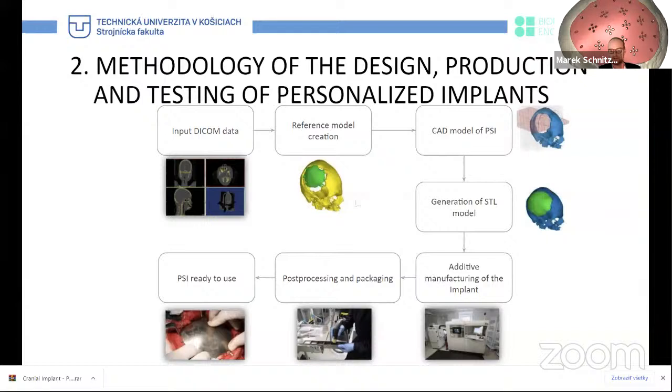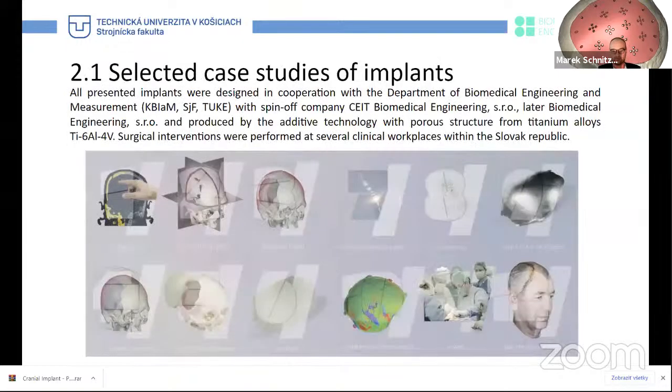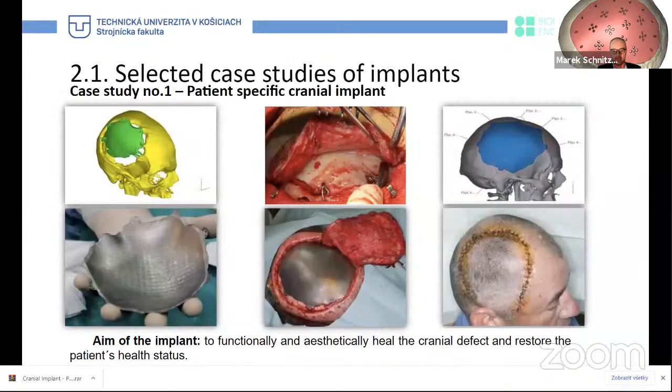Then we generate the STL model, produce on the machine SLS or SLM. Then we do the post-processing and packaging. Then the implant is coming to the hospital, where the implant is sterilized and PSI is ready to use. So the principle is also mentioned in this diagram.